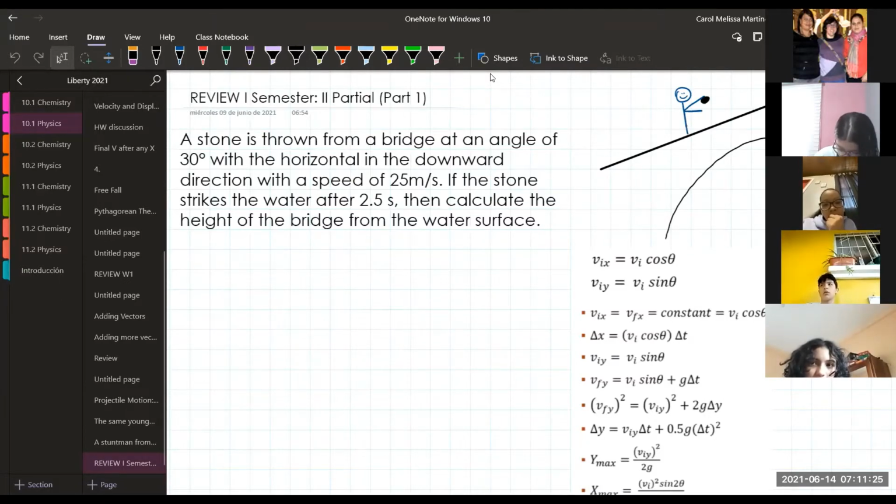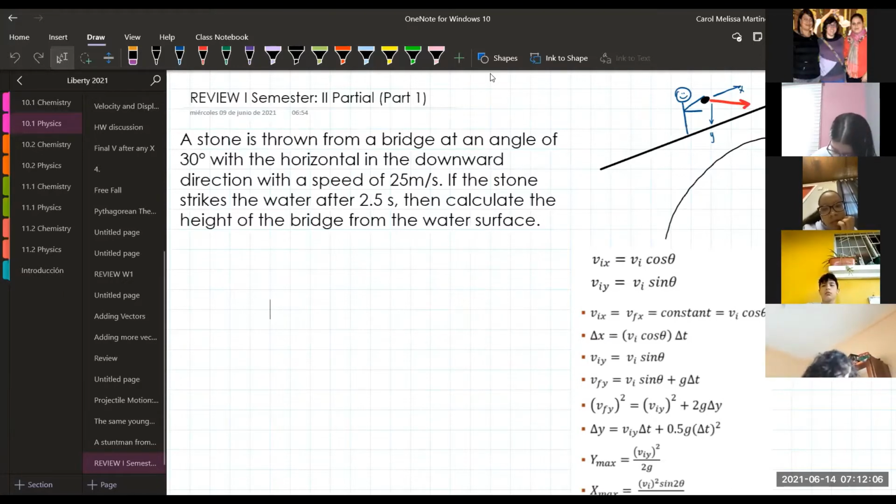So the problem is telling you that he's throwing the stone at an angle of 30 degrees with the horizontal. So, remember, I'm going to draw my angle. This is my x-axis, and this is my y-axis. So it says that it's being thrown at an angle of 30 degrees. So the direction is going to be more or less like that.